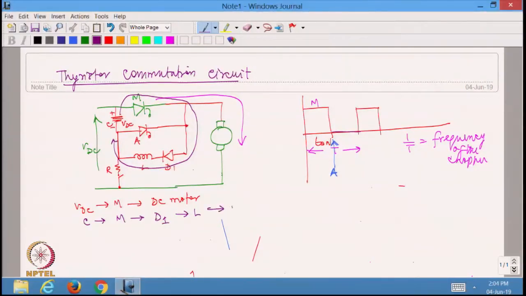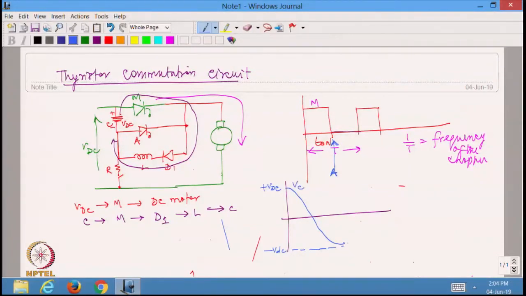So if I assume that L and C are ideal, it is going to have an oscillation, LC oscillation through this circuit. So if I try to look at the voltage, I am going to actually see that the voltage will reverse like this. It is starting from plus VDC and it will go to minus VDC. So this is essentially the capacitor voltage.